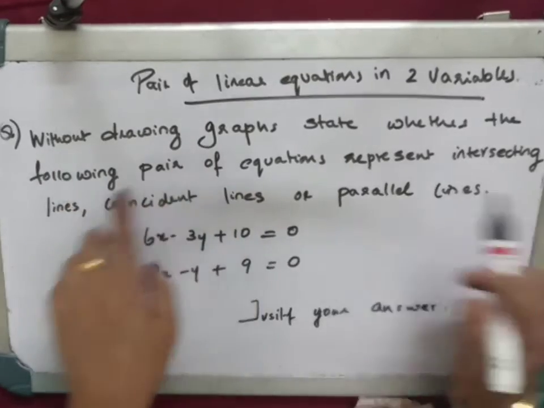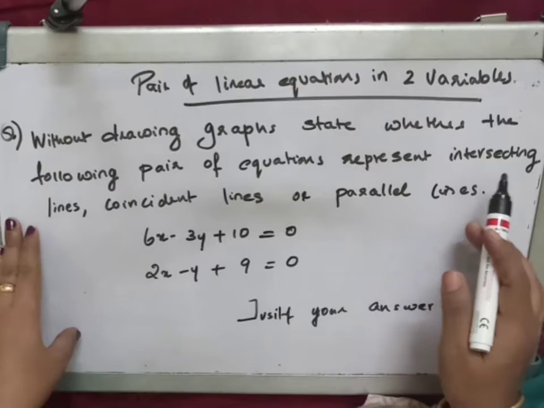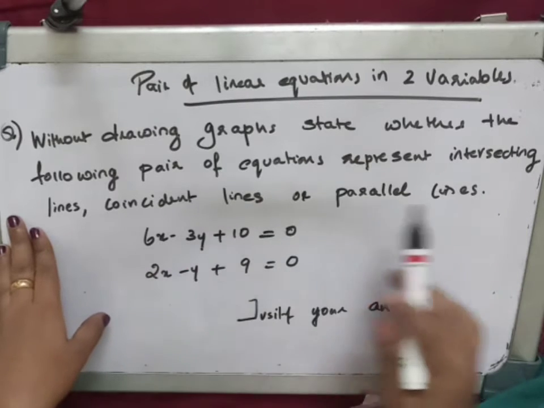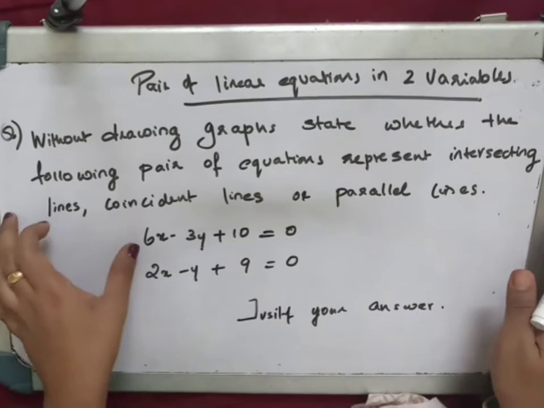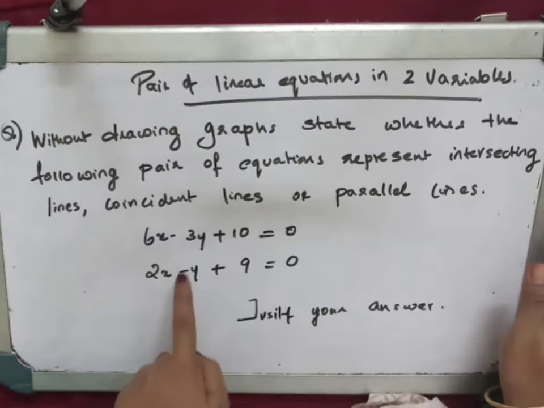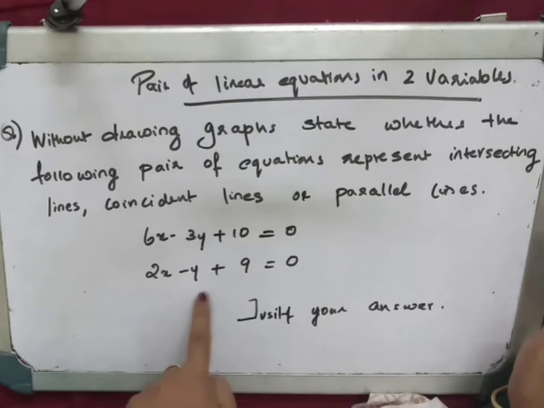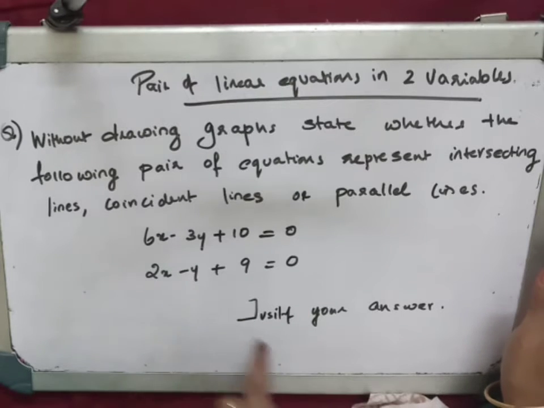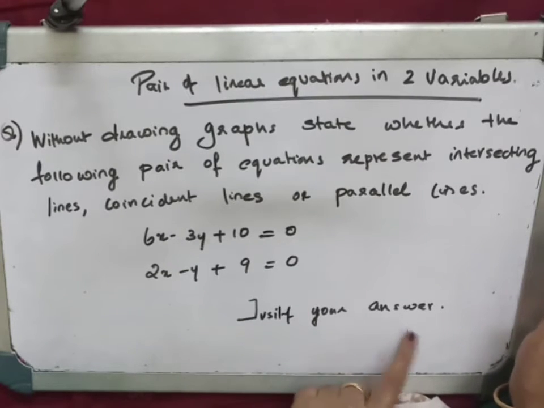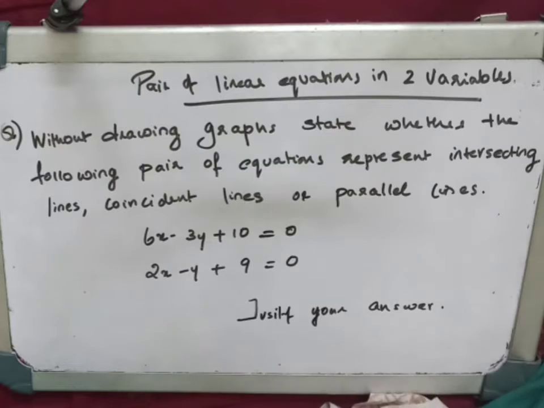See this question. Without drawing graphs, state whether the following pair of equations represent intersecting lines, coincident lines or parallel lines. The given equations are 6x minus 3y plus 10 is equal to 0, 2x minus y plus 9 is equal to 0. Justify your answer. So let's begin.